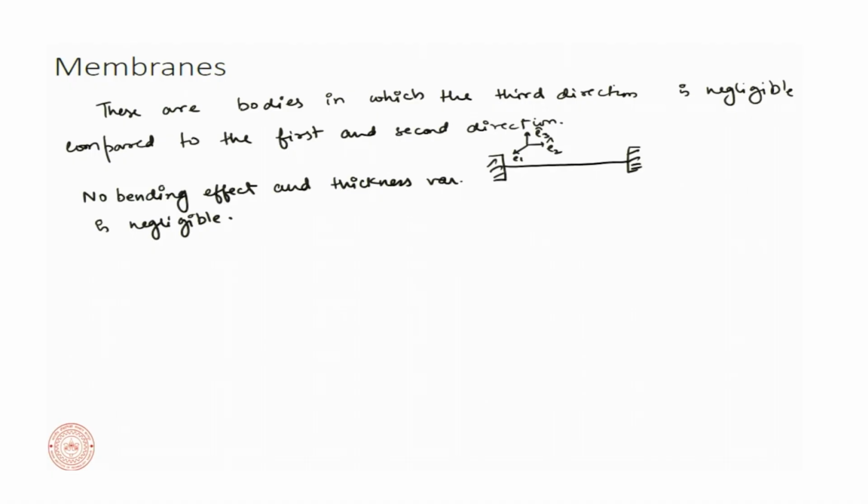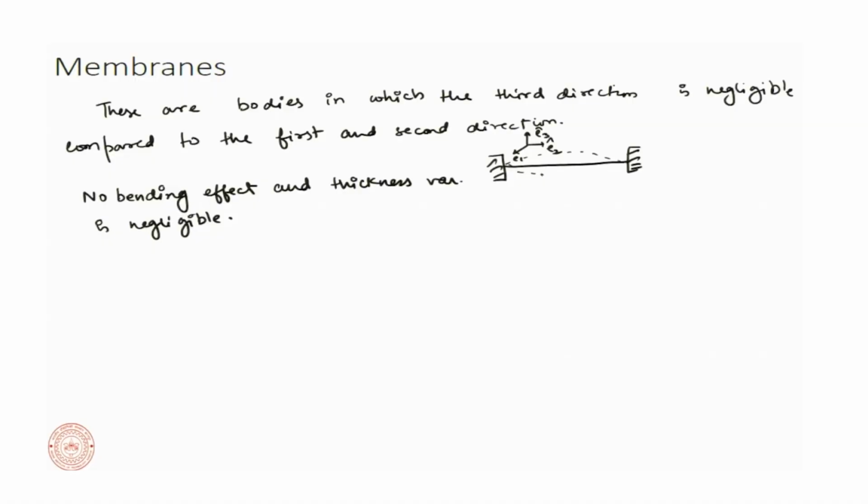Bending means that the top surface is under tension and the bottom surface is under compression. There is no thickness to account for bending. There is also no change in the thickness across the length, no pinching. It is uniformly thick and there is no bending. Although it's going to oscillate, say this is one mode of oscillation, it will be just stretching along the 1 and 2 direction, and there will be no bending in the third direction.